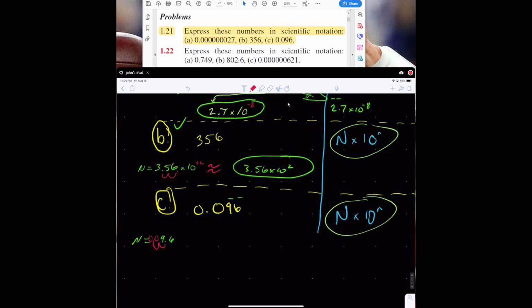And that's going to give us that number, right? You guys can see that. So it becomes 9.6 times 10 to the minus 2. I like this green. 9.6 times 10 to the minus 2.